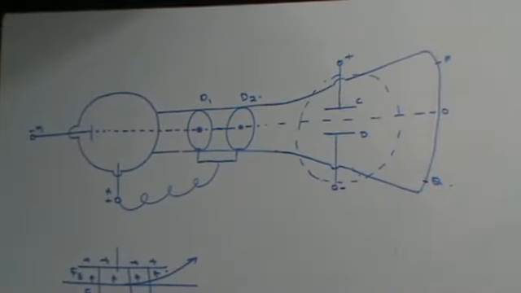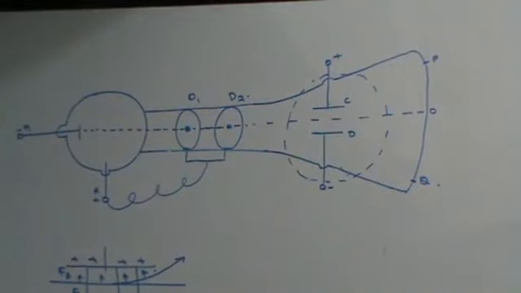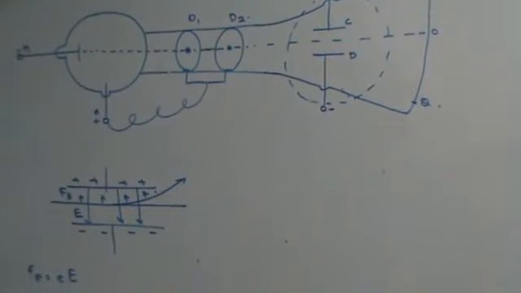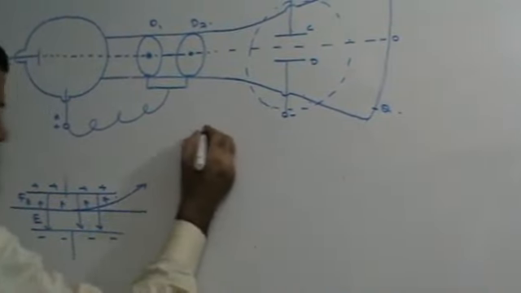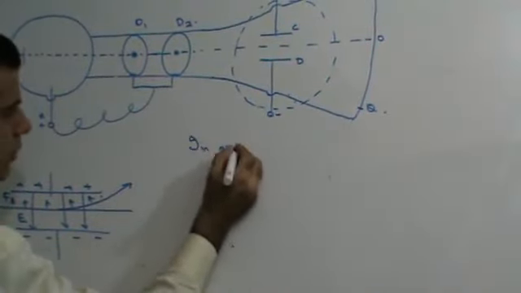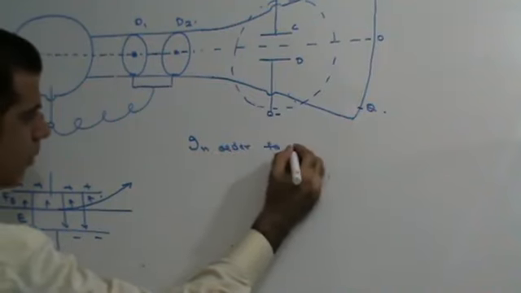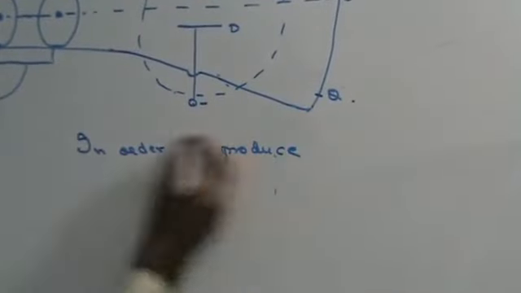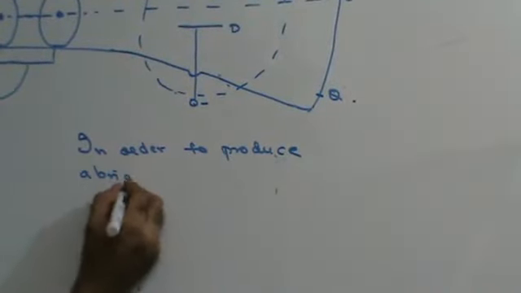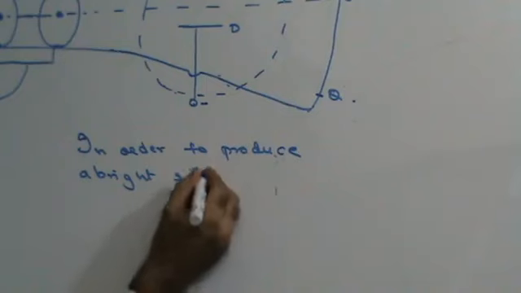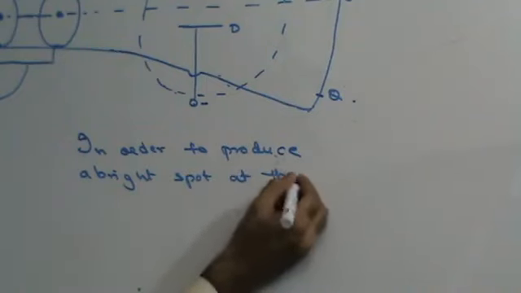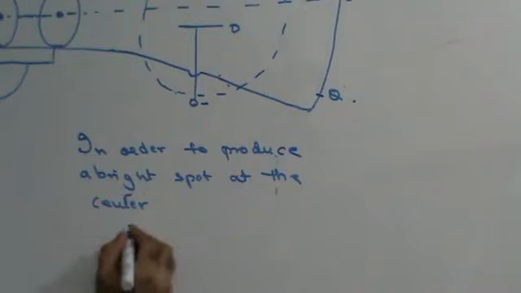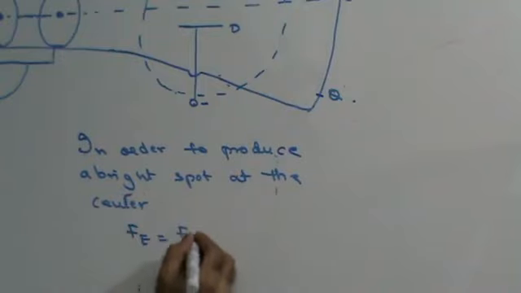So in order to produce a bright spot at the center, FE should be equal to FB.